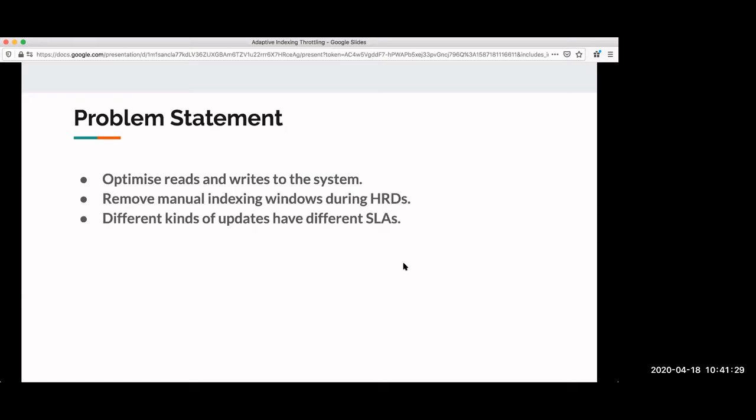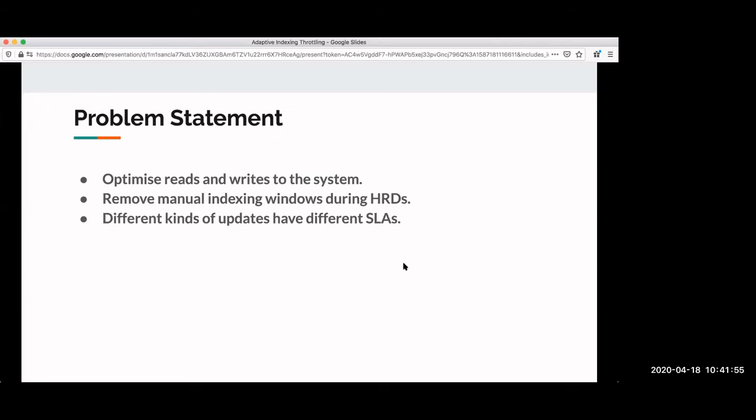So it was very manual, we created windows out of the day and we used to give them to different teams so that we are not bombarded by bulk requests all at once. So this is what we used to do earlier. Now we are trying to remove this manual scheduling and manual windows and turning different kinds of indexing updates on and off. So that is the second problem statement.